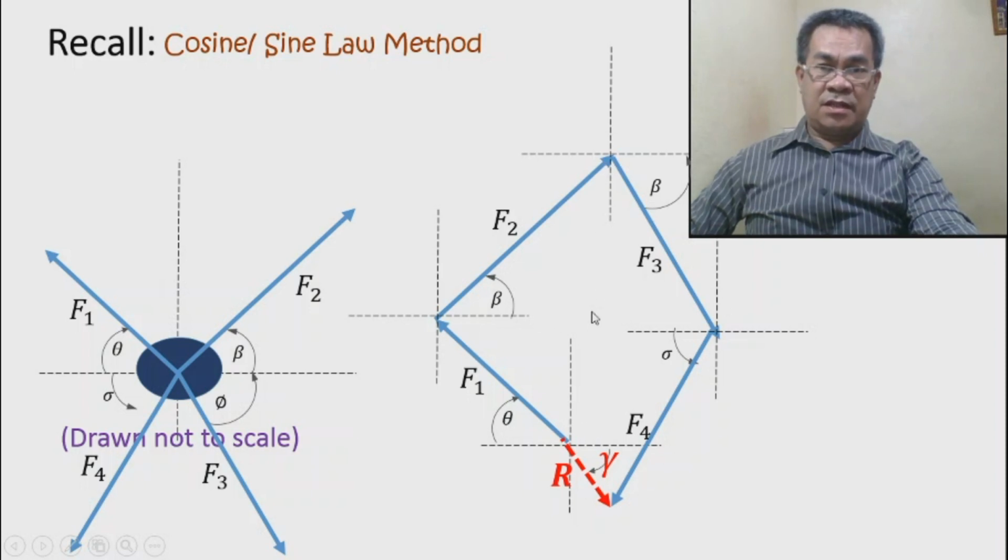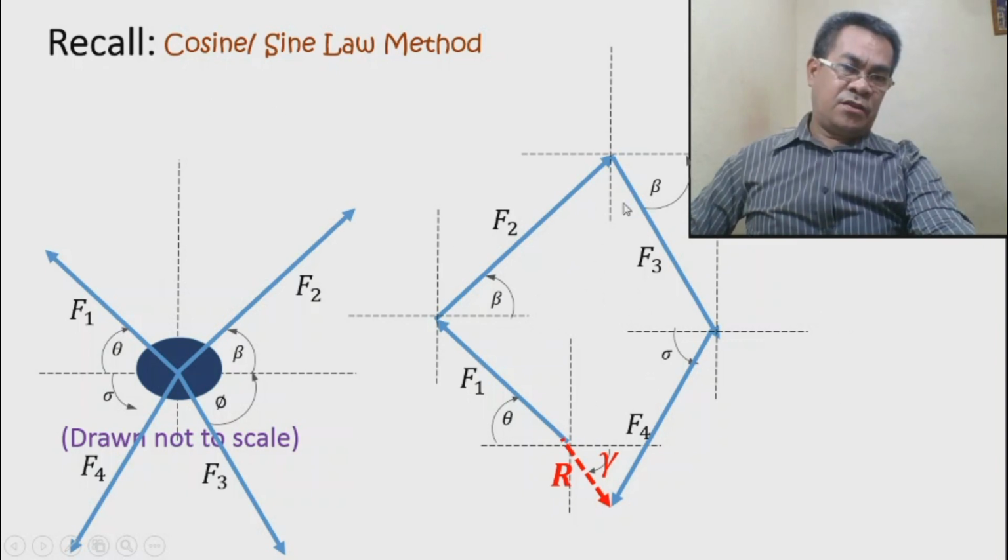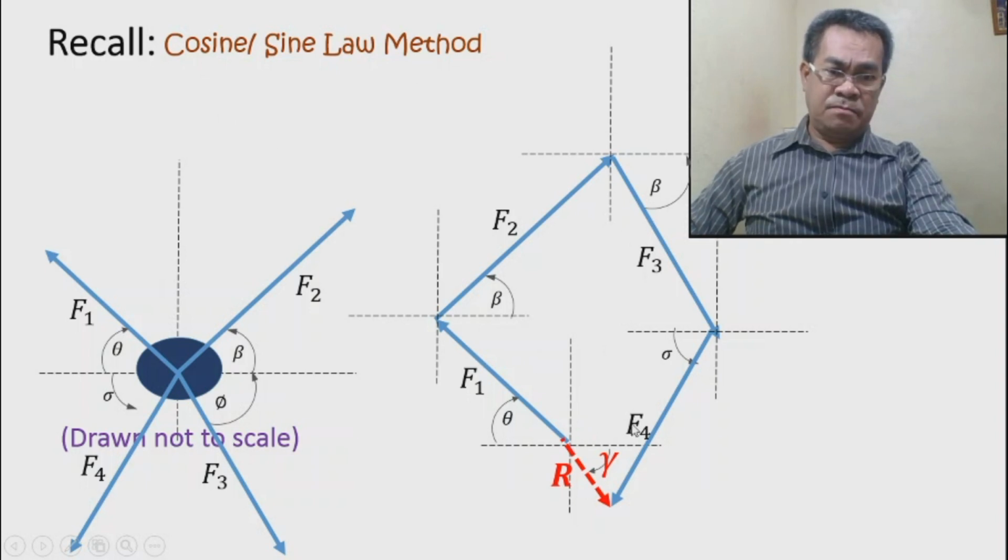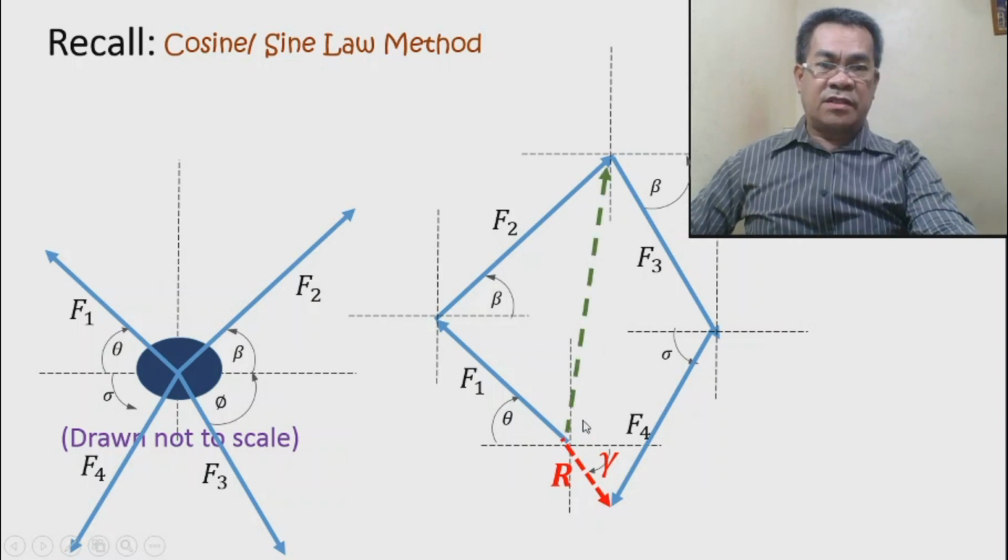But in this topic, we will solve this using the analytical method, using formulas. If you wish to use this method, divide this into triangles. The first triangle connects the starting point to the tip of the second force. Then find the vector sum of F1 and F2.